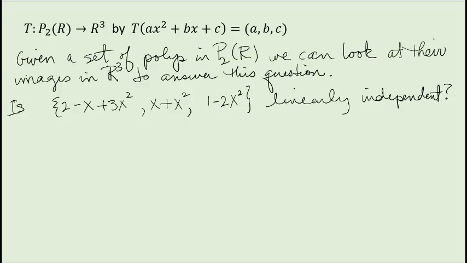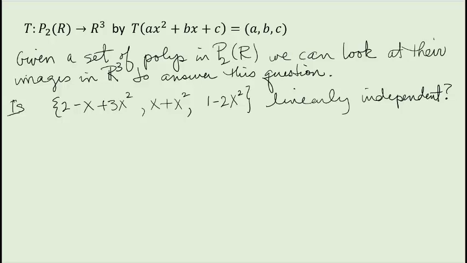So since this linear transformation is 1 to 1 and onto, we could answer this following question by looking in R3 instead of the polynomial vector space. Let's say I asked if these three polynomials, 2 minus x plus 3x squared, x plus x squared, and 1 minus 2x squared, are linearly independent.